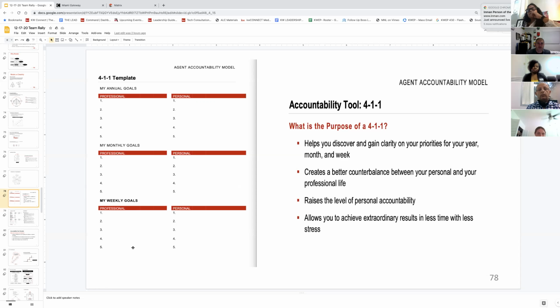Another way to look at the 411 is like a sports game. It's like a sports season, and each month is a game. And I know to win the Super Bowl in the NFL, you can lose several games.